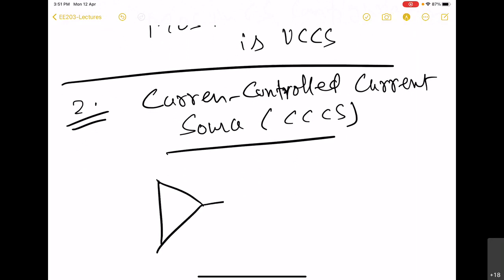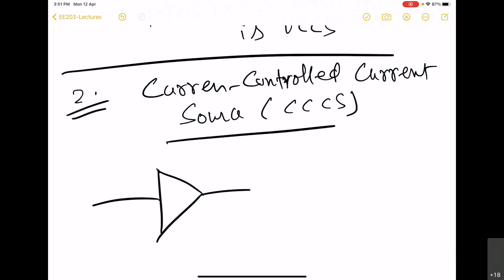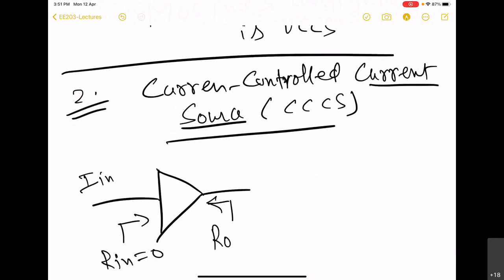So what we want is current control. That means on the input side, the amplifier should be able to sense current. And for that, we know that R in should be equal to 0. And on the output side, it is a current source. That means R out should be infinite.